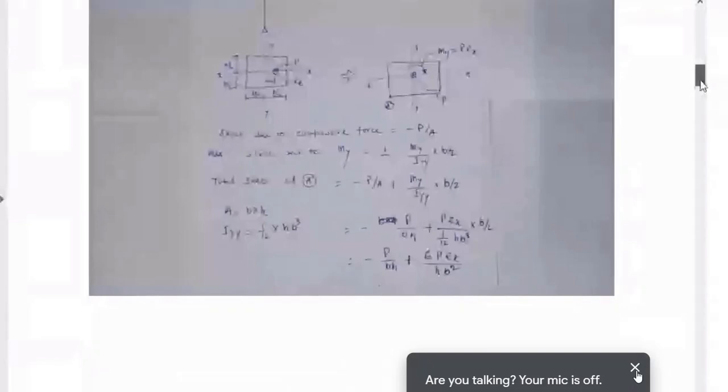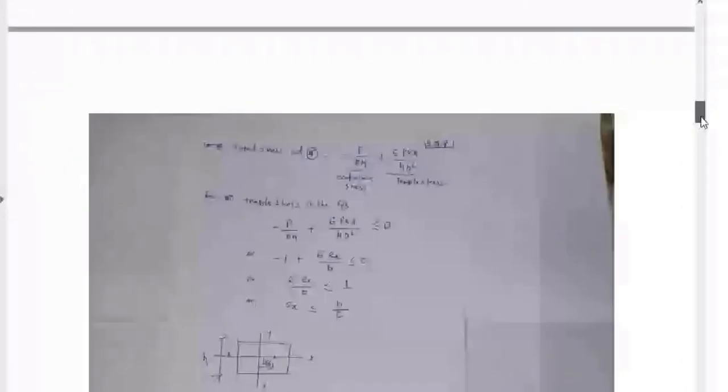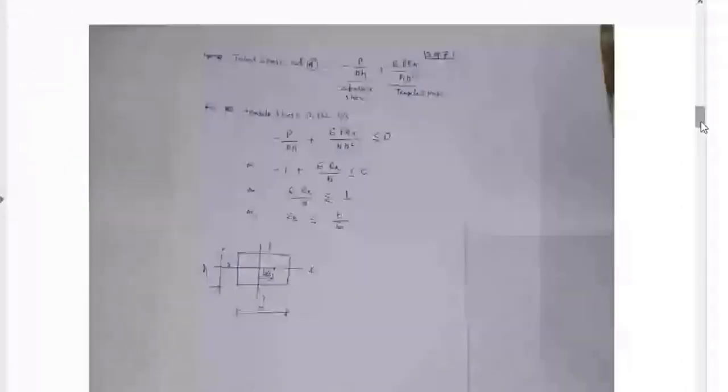Sorry, at point A. Now we will try to find out the value of Ex when there is no net tensile stress, or when the stress at point A is entirely compressive in nature, or no tensile stress in the cross section. What will be the value?